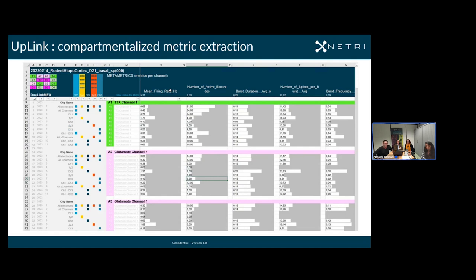So you can see the mean firing rate of channel 1, or channel 2, or channel 3, and so on, which allows you, depending on your application, to look at different places in the geography of your chip and draw meaningful results, whether you've stimulated on one side, the other, both, in the middle, and so on.